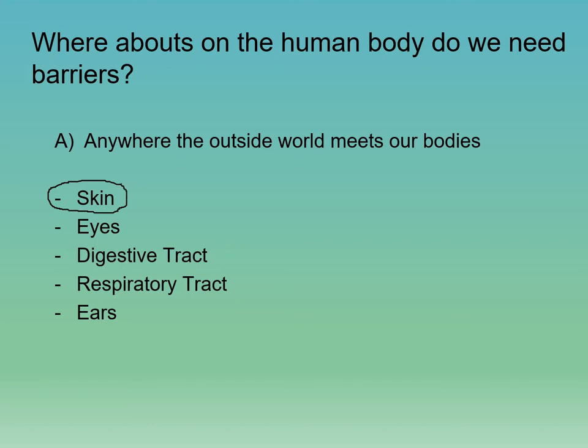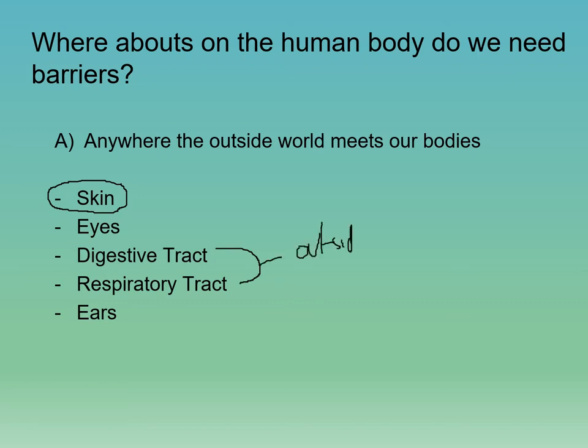It has certain physical and chemical properties that help us to defend against all the millions of pathogens that are surrounding us. The eyes, the digestive tract, the respiratory tract, and the ears. So you have to sort of imagine that all along these two tracks here is actually the outside world.